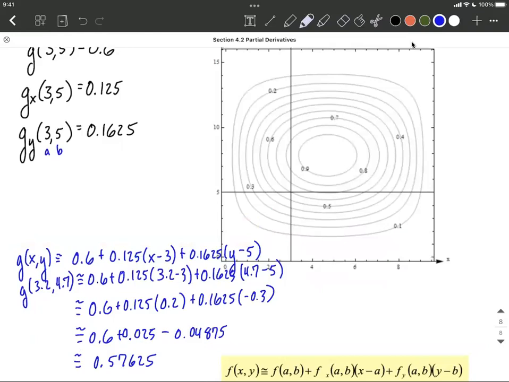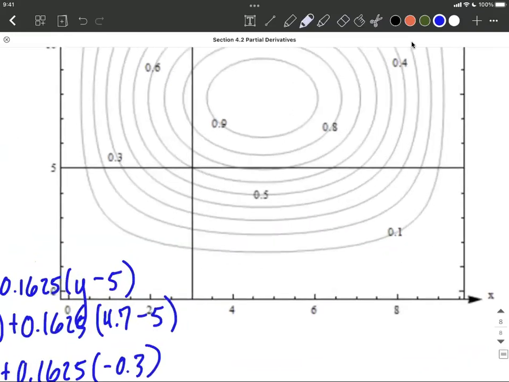Let's take a look at our contour diagram. 3 on our contour diagram was right here where this line is, and 5, of course, is that horizontal line going across there. So if we want to map out where 3.2, 4.7 is, it's going to be right about here, because we went from 4 to 5, and 4.7 is closer to 5, obviously.